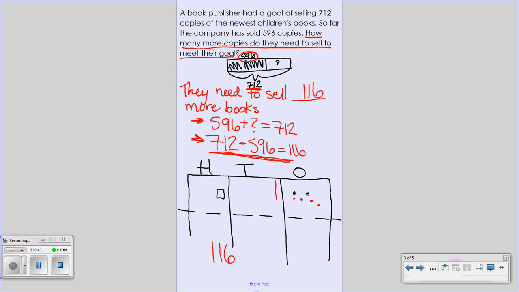If I wrote 1,160, would that be a reasonable answer? No. Why would that not be reasonable? I'm not asking is it correct. I want to know why that wouldn't even make sense. McKenna, why would that not make sense? It wouldn't make sense because it's bigger than both of the numbers, and you're not adding, you're subtracting.